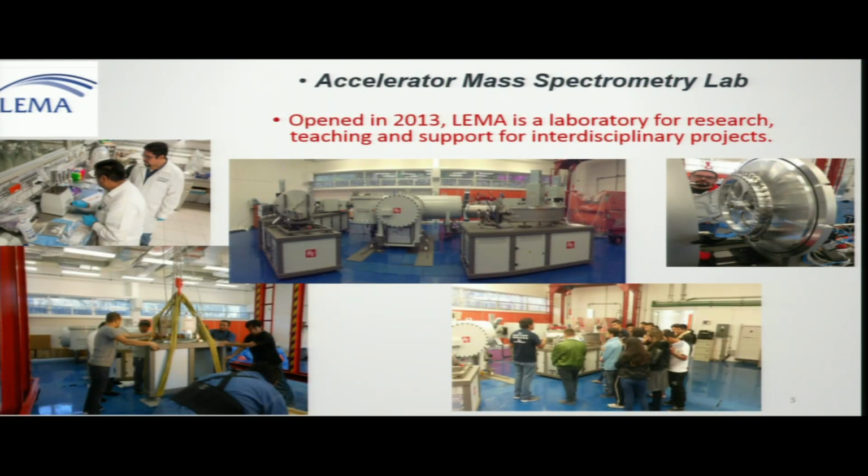Well, our Accelerator Mass Spectrometry Lab opened in 2013 with support from the CONACYT and the university. It's a laboratory for research, teaching, and support for interdisciplinary projects. So you can see some pictures here. We have 3 laboratories for sample preparation.